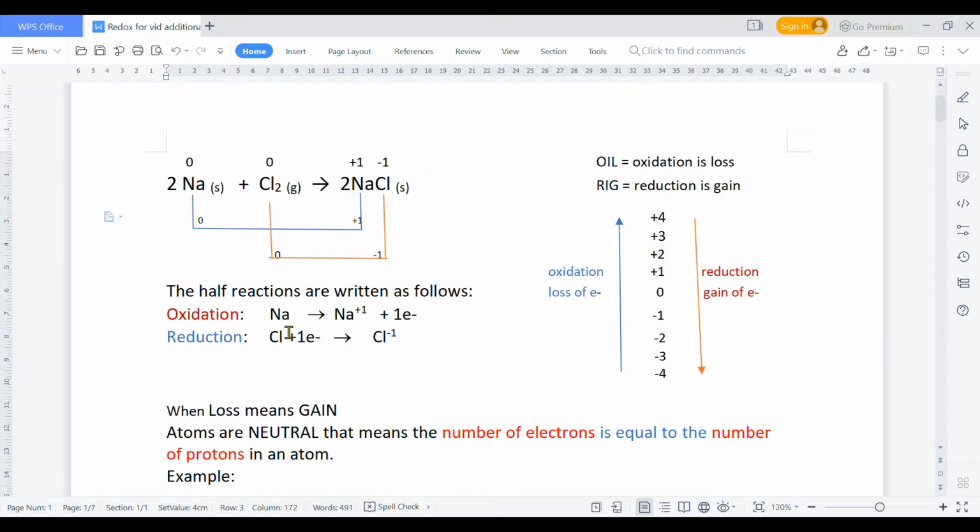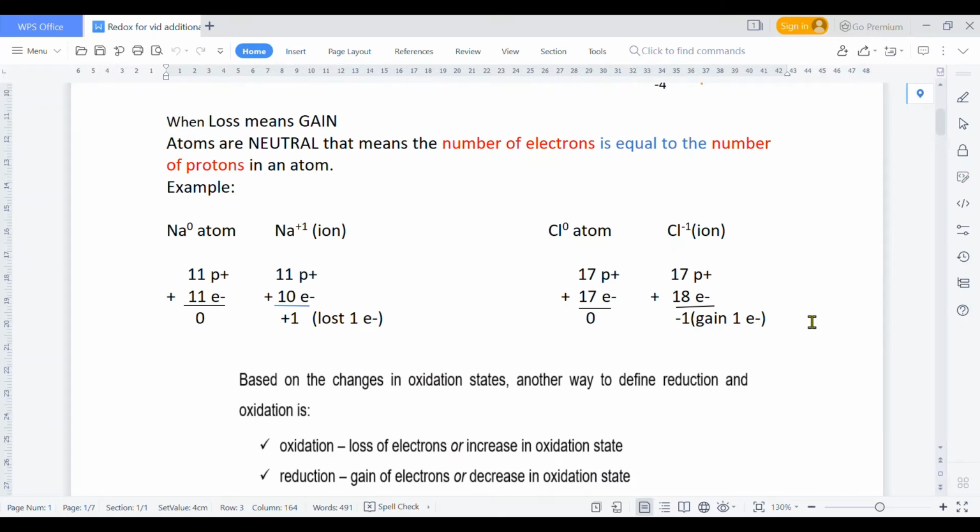Sodium undergoes oxidation and loses 1 electron. When an electron is lost, it is written in the product side. Chlorine undergoes reduction and gained 1 electron. When an electron is gained, it is written in the reactant side.